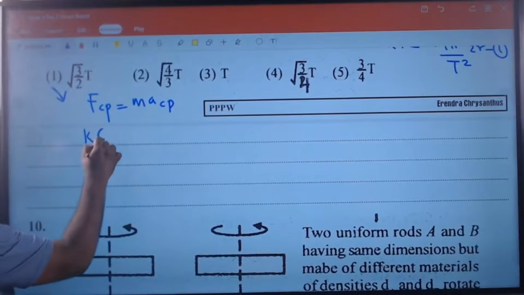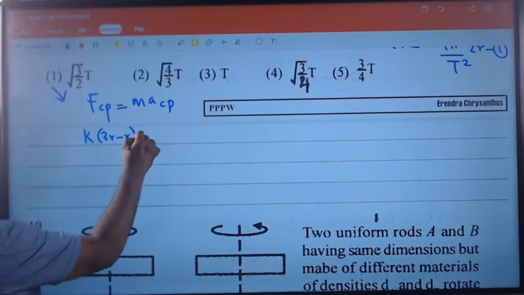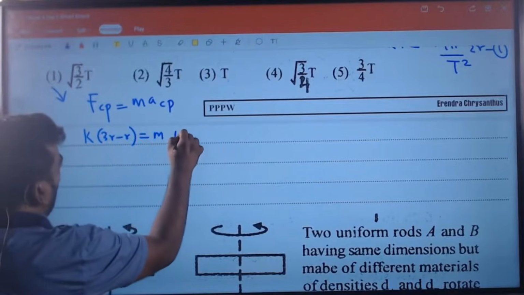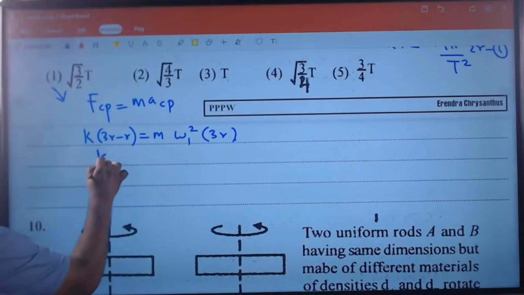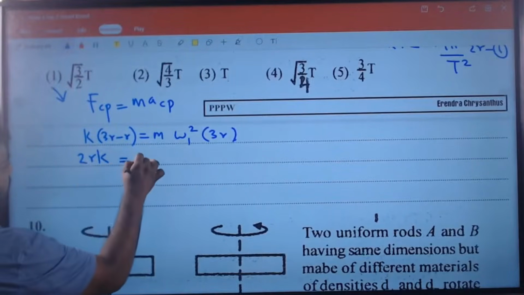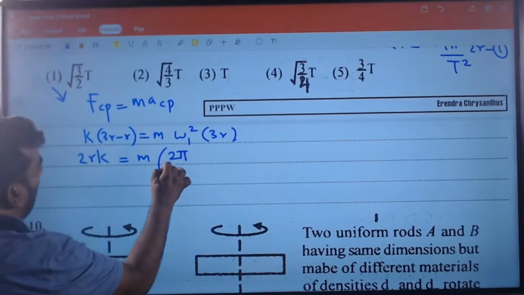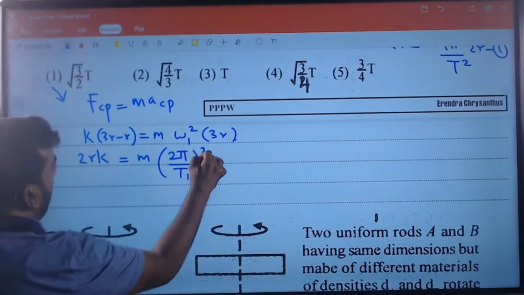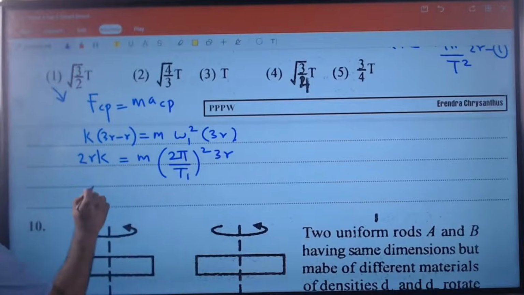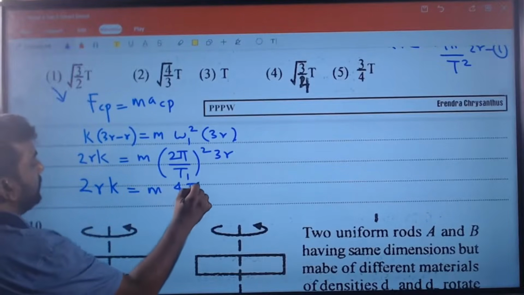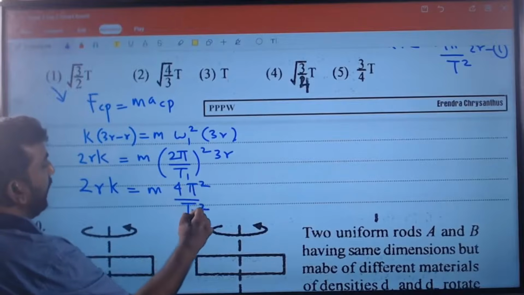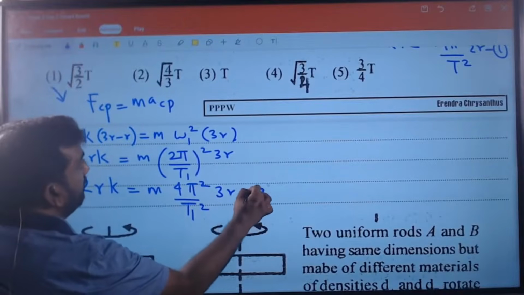K times 3r minus r equals mass times omega 1 squared into radius 3r. K times 2r equals M times 2 pi divided by T1 whole thing squared times 3r. So 2rk equals M 4 pi squared over T1 squared times 3r. Equation number 2.